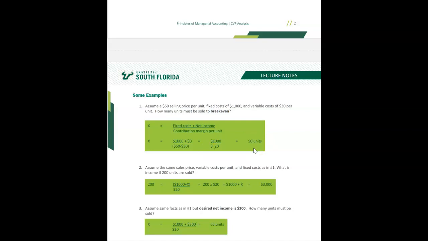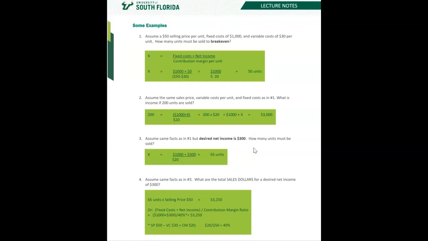Now we're making the same assumptions, only we're assuming that 200 units were sold. What is the income if 200 units are sold?